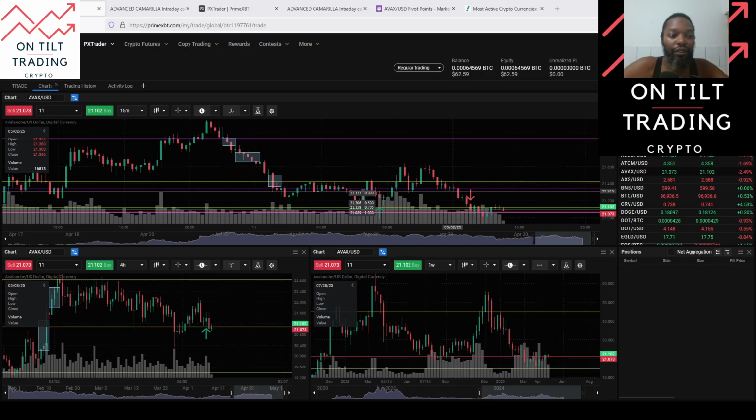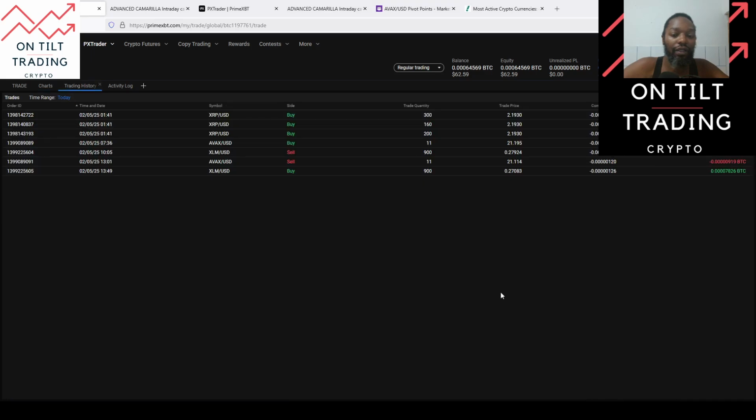And then we go to my tickets for today. Up here, this was a previous trade from yesterday that went into after hours, but worked out pretty well. This is the trade here on Avalanche, which put me down about $1.